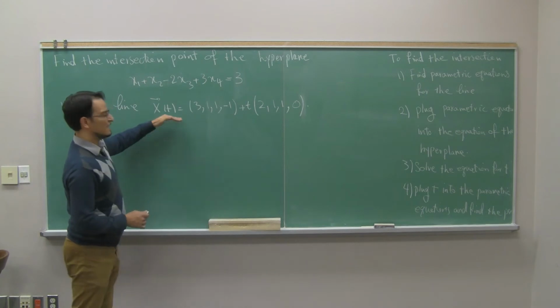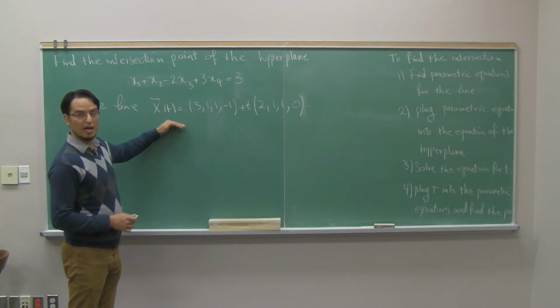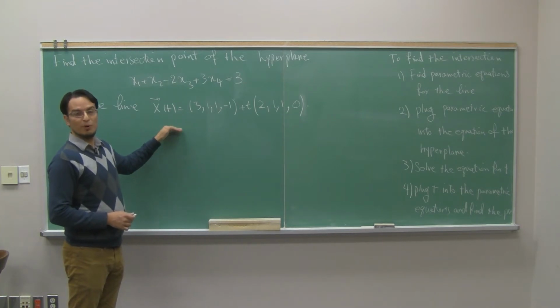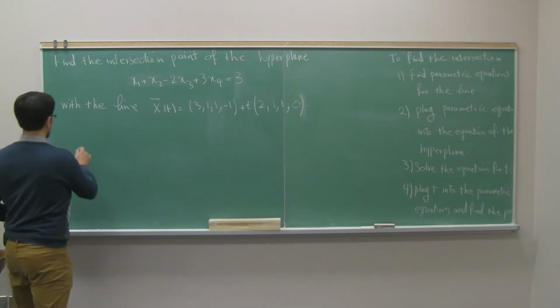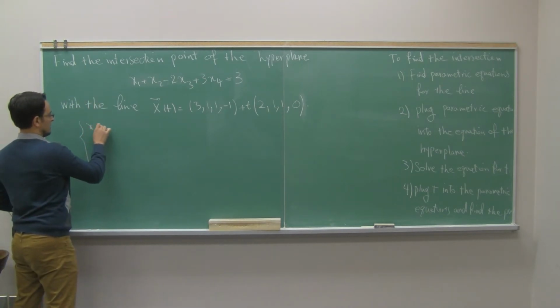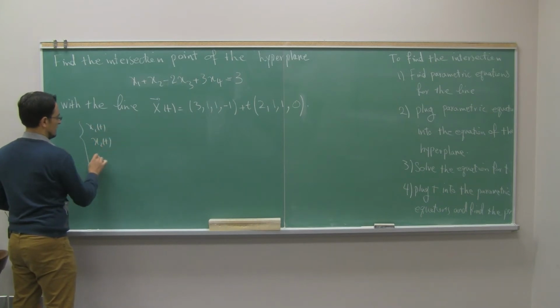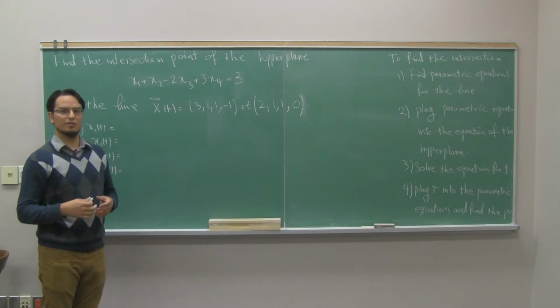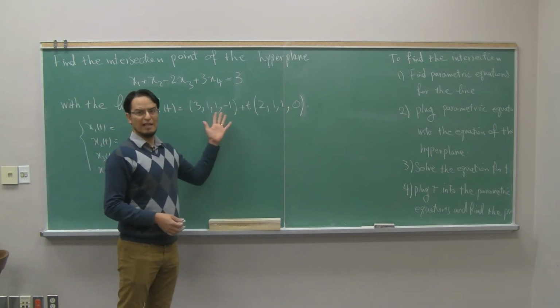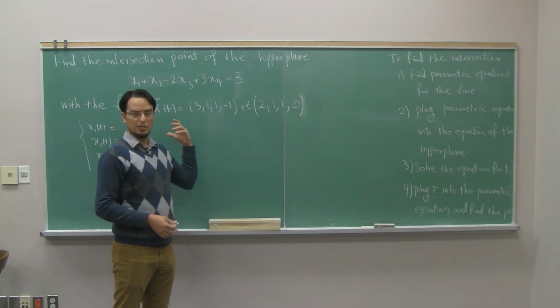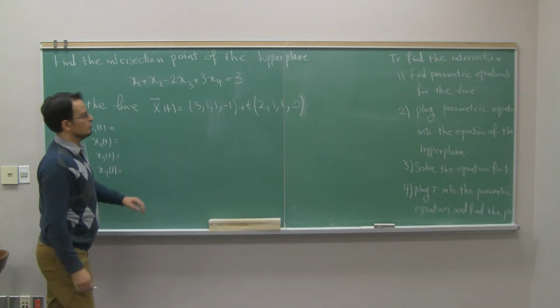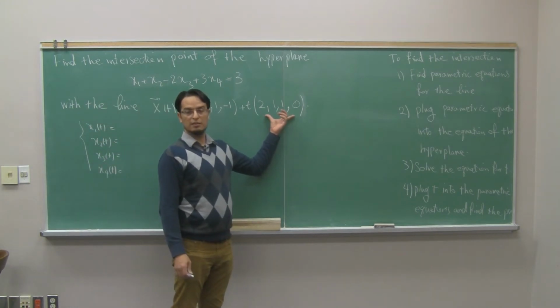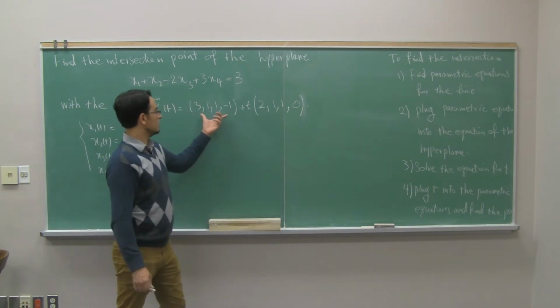So note that the equation for the line given here is point parallel. We know how to go from point parallel to parametric equations. What you need to do, I need to write x1(t), x2(t), x3(t), x4(t). Well, parametric equations are nothing but you just expand these things, write each component for the corresponding variables, or what you can do, this is the direction vector, this is the point.